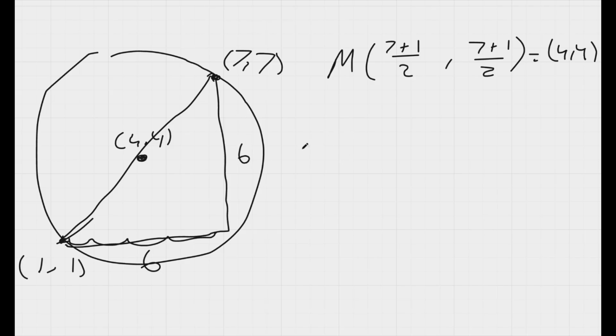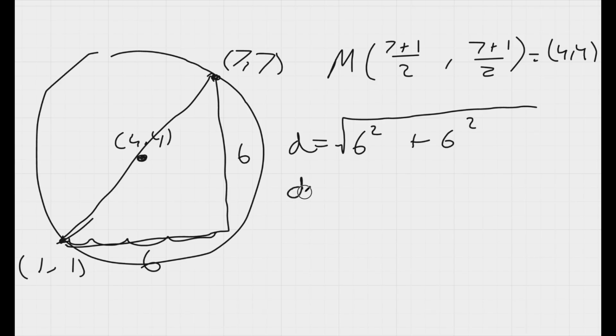So the diameter length is going to be the root of 6 squared plus 6 squared, which is 6 root 2. You know that the diameter is 2 times the radius, so the radius is 3 root 2.